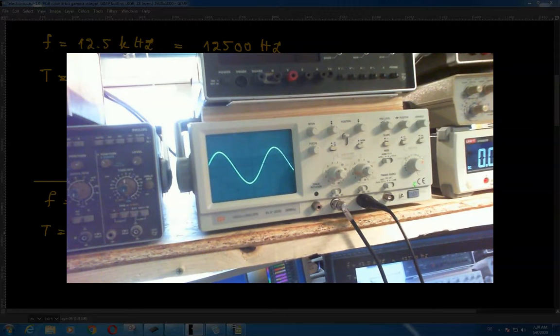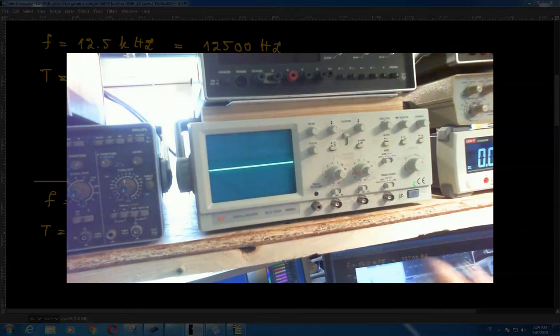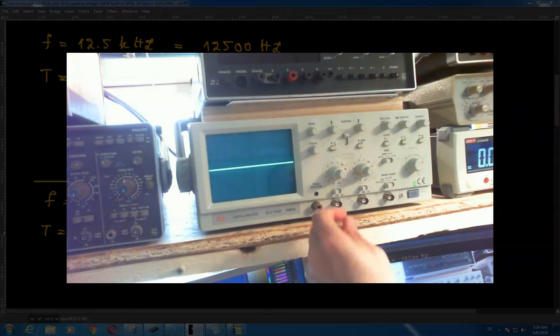And that's essentially that. Now, let's take the DC voltage. I disconnect all of these inputs from the oscilloscope, and I have no input here whatsoever, right?